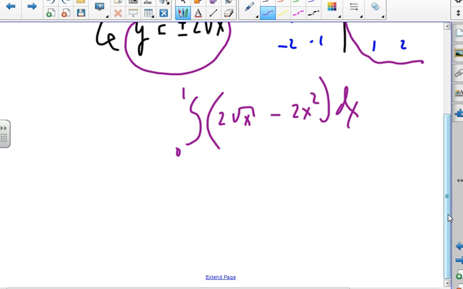Integral from 0 to 1 of 2 times the square root of x minus 2 times x squared.